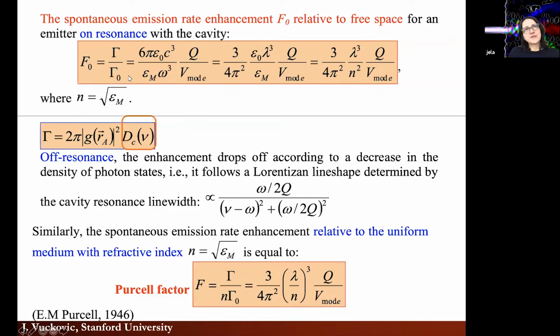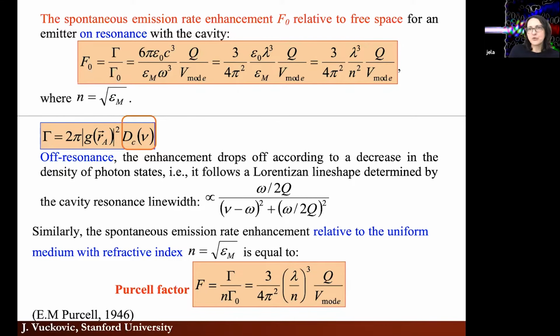But if I, for example, take an indium arsenide, gallium arsenide quantum dot, it is an artificial atom whose natural environment is gallium arsenide, a material with refractive index n. So I cannot really compare gamma naught to gamma. I should compare n gamma naught to gamma, because I should compare to an environment with uniform refractive index n, which is a natural environment for that emitter.